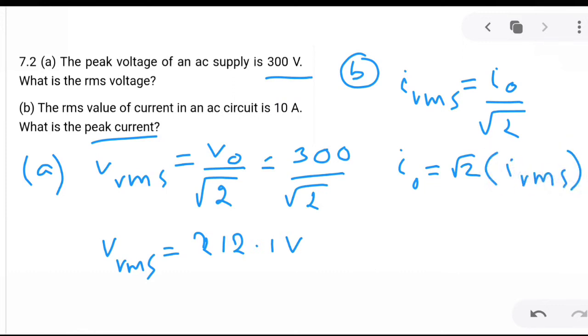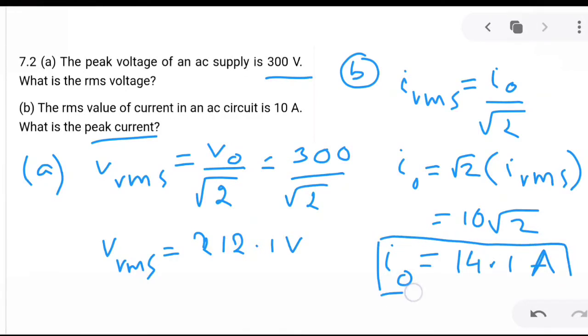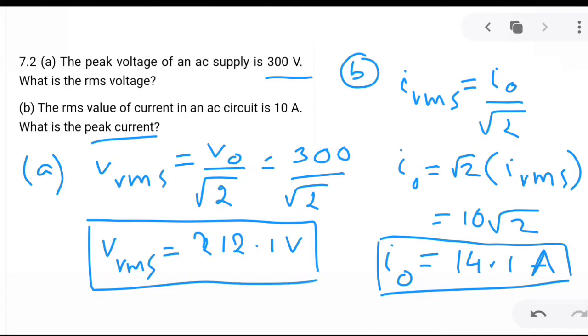RMS current is 10 ampere, so this is 10 root 2. Root 2 is 1.414, so 1.414 multiplied by 10 is equal to 14.1 ampere. So this is the value of the peak current. These are the answers to part A and part B.